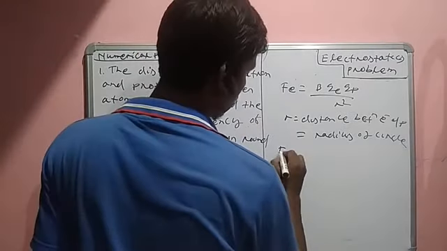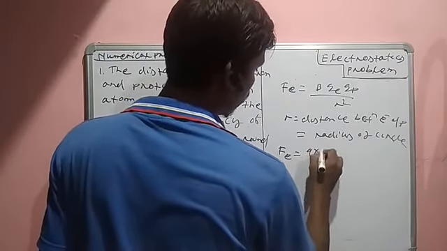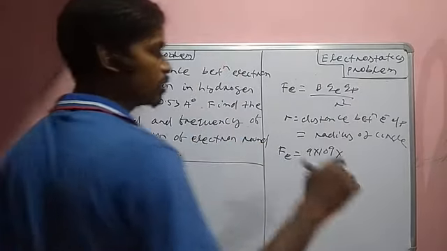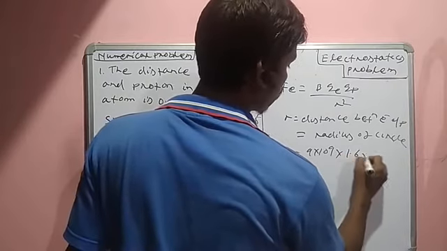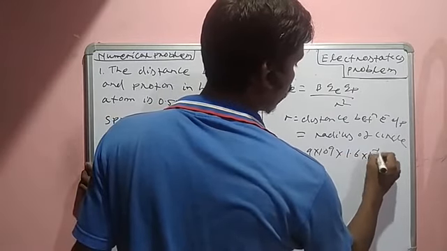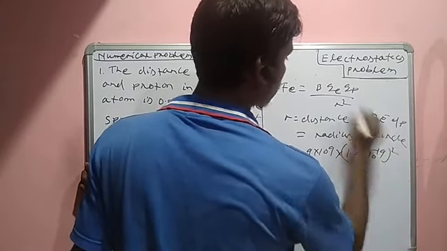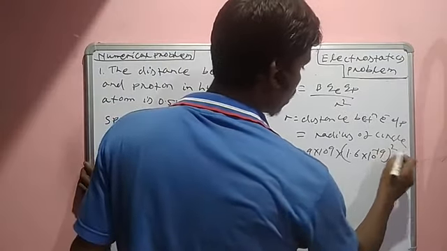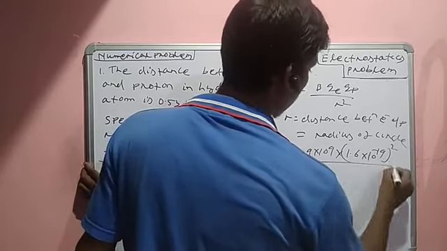That means Fe is equal to 9 into 10 to the 9, QE, the charge of QE is equal to the charge of QP, that is 1.6 into 10 to the minus 19 square, because for similar charges we multiply, then square is available. Square is the product. So divided by R square.